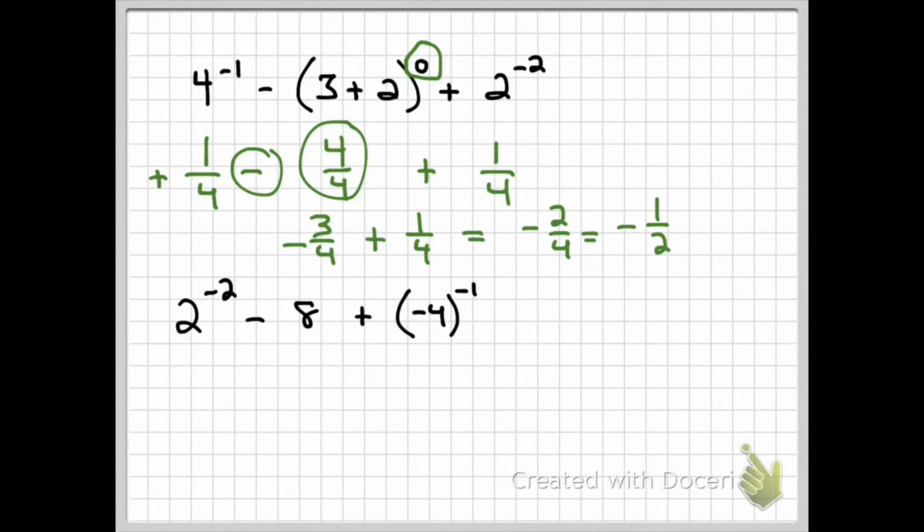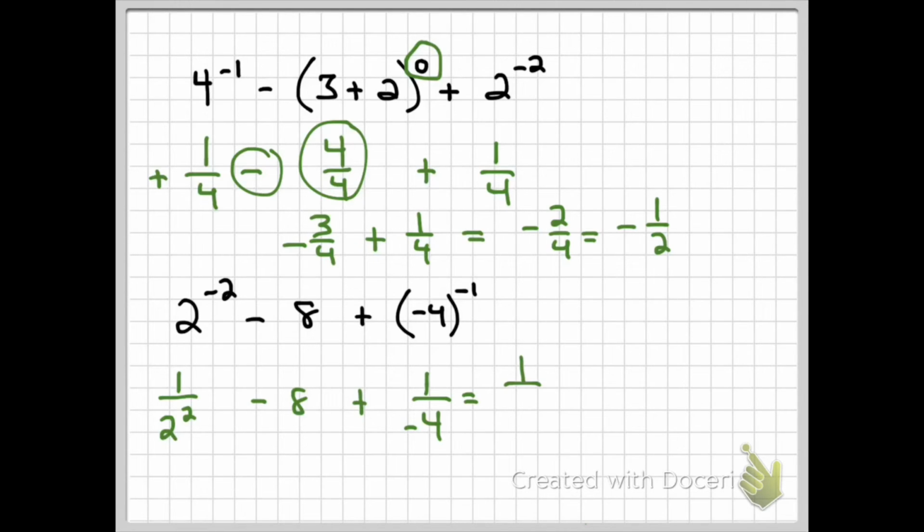Okay, the next one here looks a little similar, but it's actually not. So we're going to go 1 over 2 times 2 to the second power, minus 8. Nothing can really be done there. And then we have 1 over, now remember, this is a negative 4, so it's got to stay negative. All right, so we simplify this.